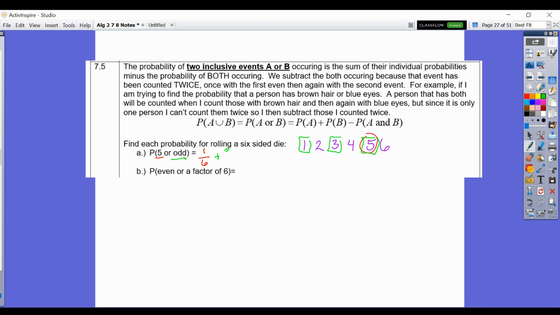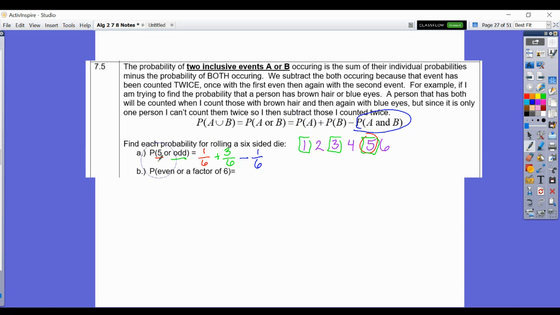So if I add this up, that doesn't make sense because here's the problem. I just double counted the 5. So then what I have to do is subtract off, that's this part right here. I need to subtract off that I have an odd 5. So there is one way in terms of probability to get an odd and a 5 at the same time. So I have to take that back off on the end.